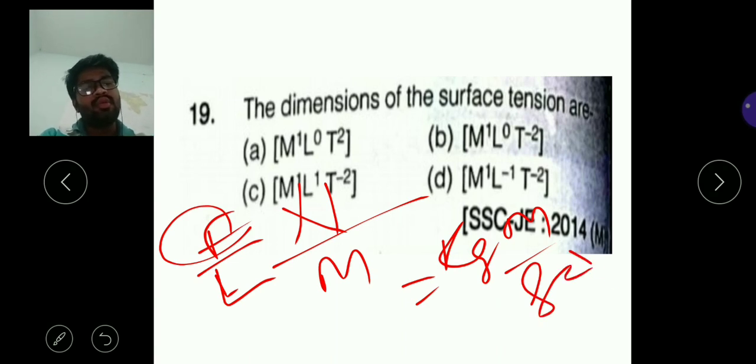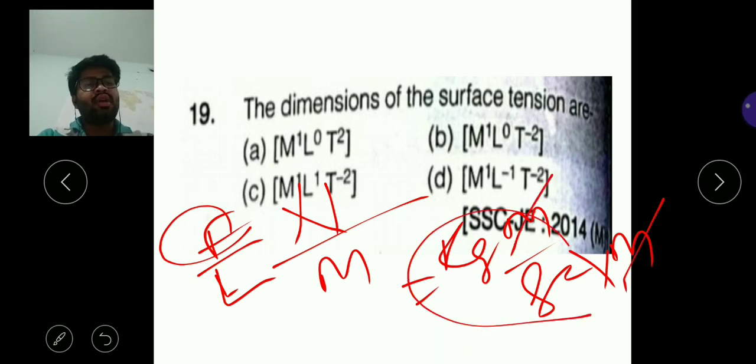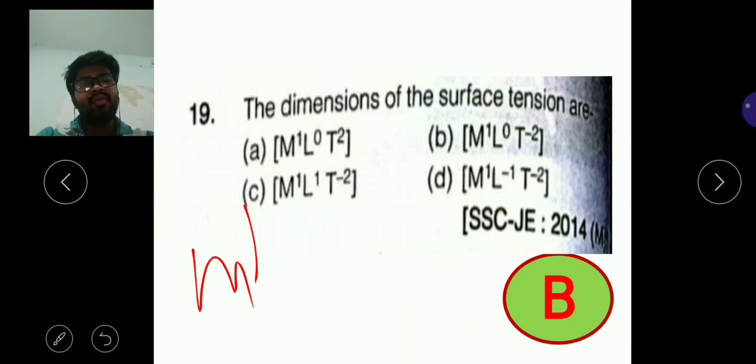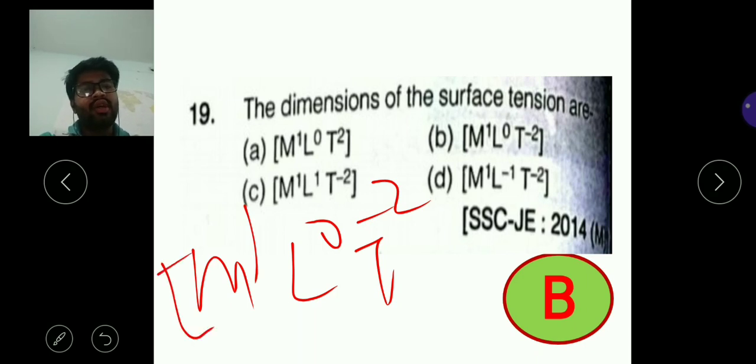Then it will be divided by meter in the denominator, so meter can be cancelled. So I get kg per second square, which I can write as M1 L0 T minus 2. So option B is the correct answer here, M1 L0 T minus 2.